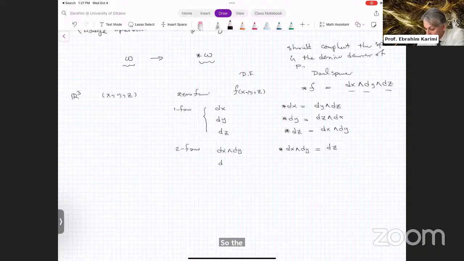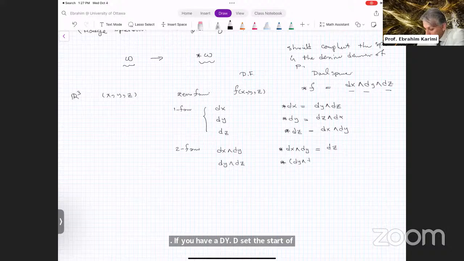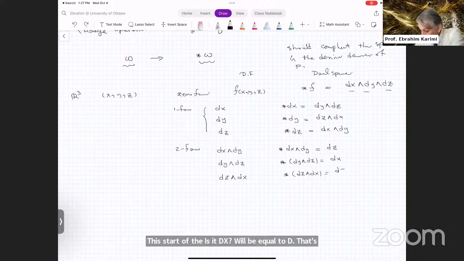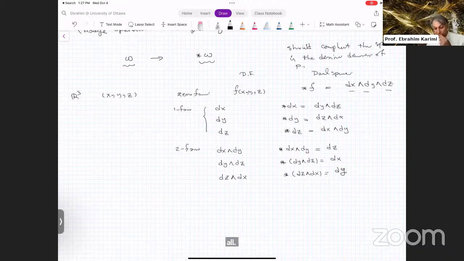If you have dy dz, the star of dy dz is equal to dx. The star of dz dx will be equal to dy.